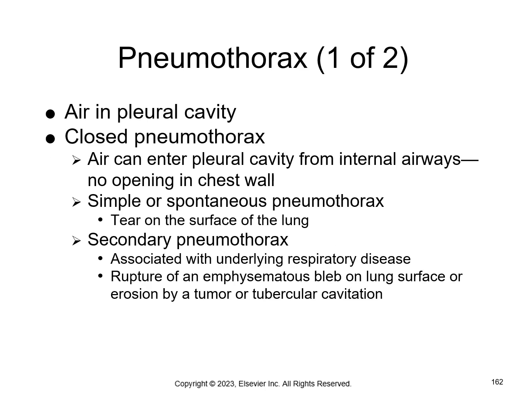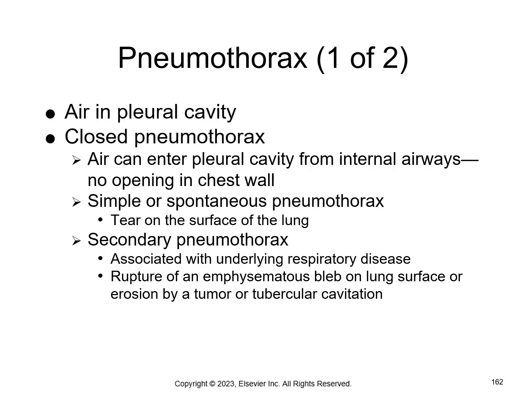Pneumothorax, this is air in the pleural cavity. We can have a closed pneumothorax where the air enters the pleural cavity from the internal airway. There's no opening in the chest wall here. We can have a simple or spontaneous pneumothorax from some sort of tear on the surface of the lung.